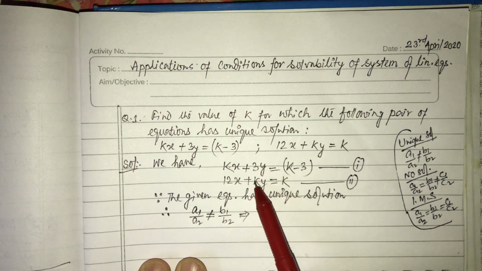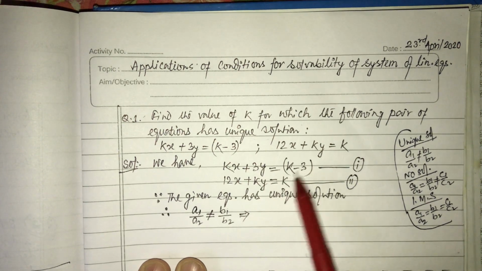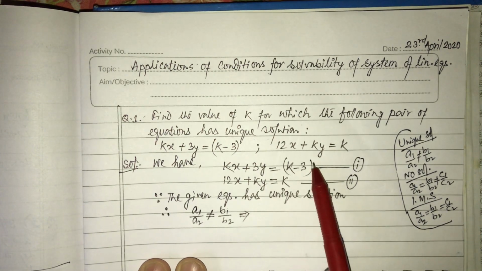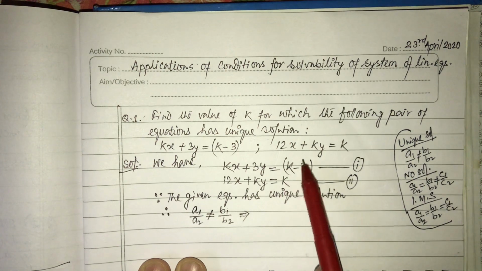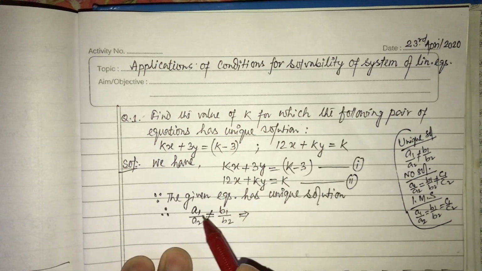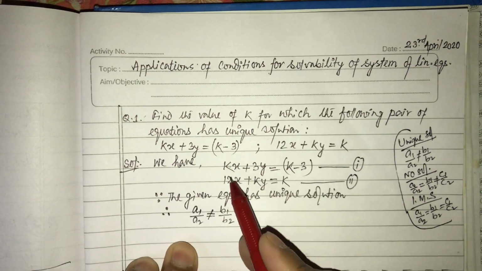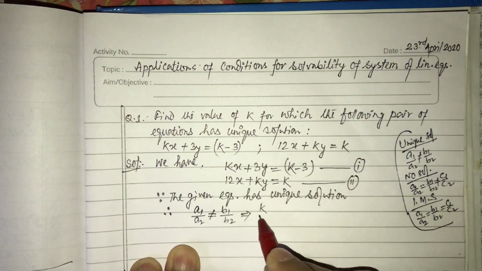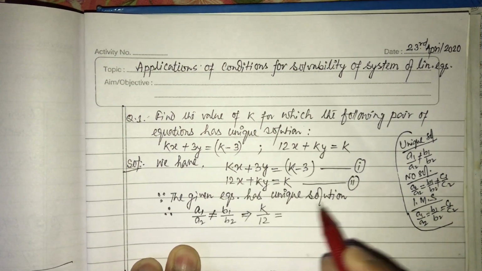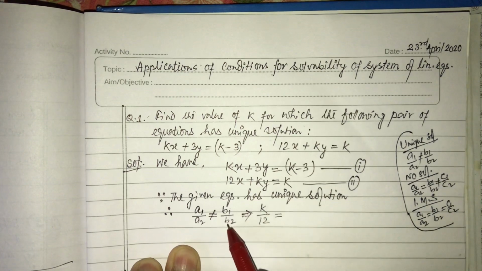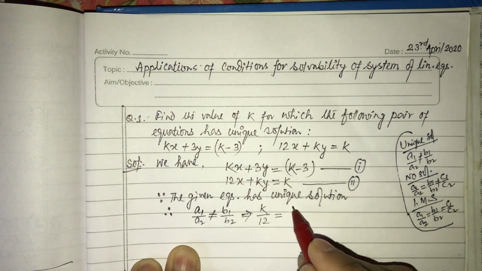The constant terms are c1 and c2. So let's substitute: k by 12 is not equal to 3 by k.